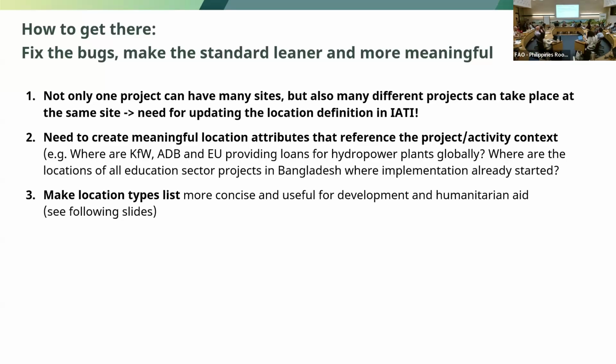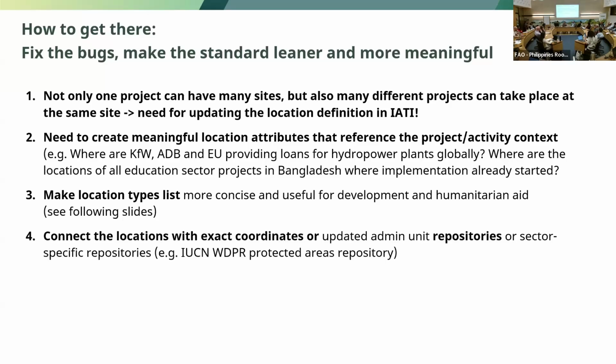And for this, we basically needed to make the existing IATI location types list more concise and more useful for development and humanitarian aid, because the current list was created by the military in the Second World War, so it doesn't totally fit with our objectives.